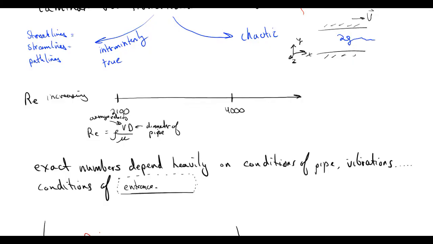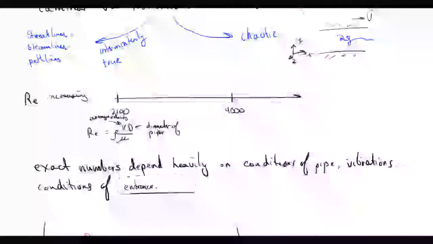And so to that end, entrances and lots of things make a difference in terms of what actually ends up being turbulent. We've done this before, but if we draw flow going in this direction into an entrance like this of a pipe, it turns out we know fluid coming around this corner can't make this corner perfectly. And so we usually get a recirculation region at the top and bottom like that.